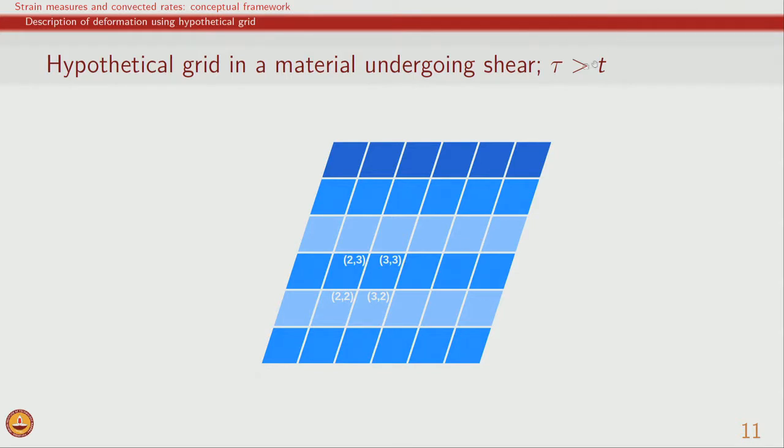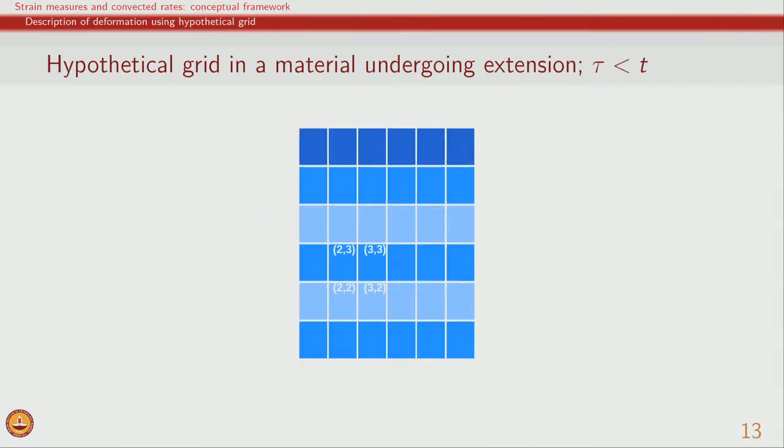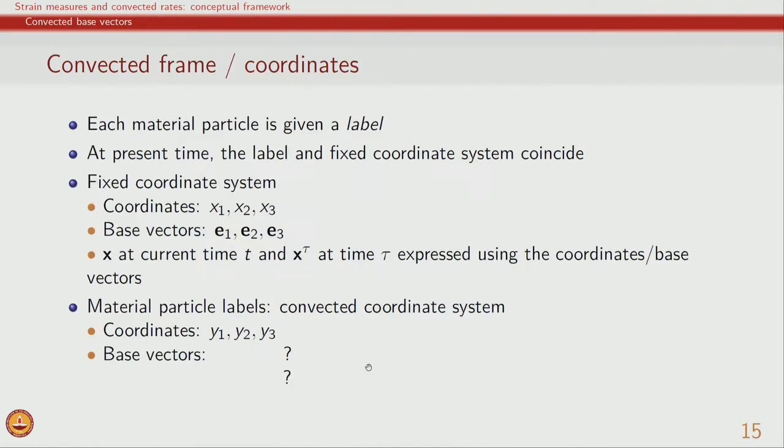Similarly, we had also looked at the same grid with an extension, where the overall material is coming down and then moving rightward and leftward, so the grid gets stretched in one direction and contracted in the other direction.